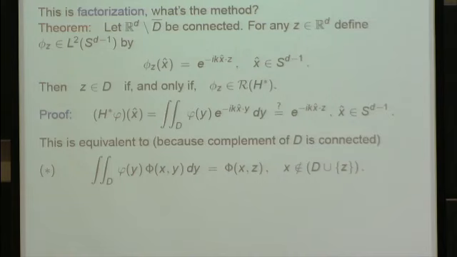Also of kind of independent interest here. Both are far field patterns. This is the far field pattern of the fundamental solution sitting at Z. This is the far field pattern of the volume potential. So this equation is equivalent to this equation now, at least if X is outside of D and the point Z.